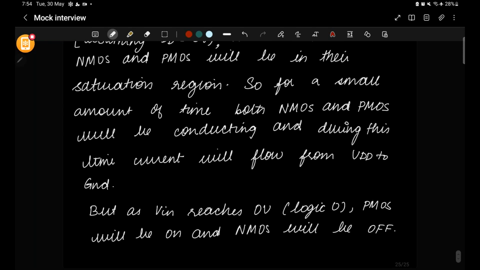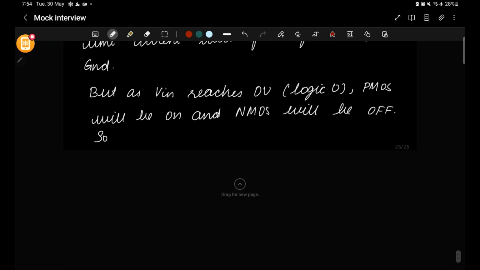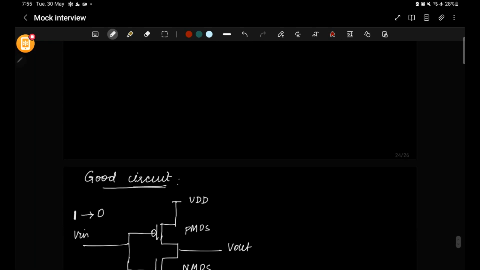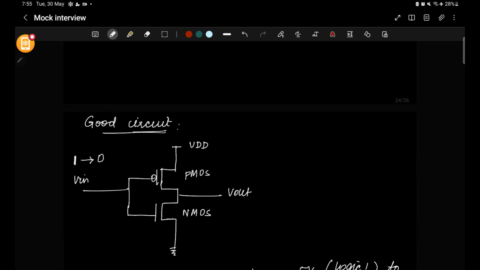So no current will flow from VDD to ground. Why? Because now PMOS is on and NMOS is off. So the direct path of current to flow from VDD to ground is not there. So it will not flow.